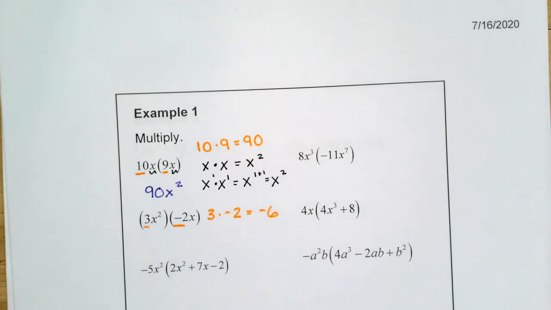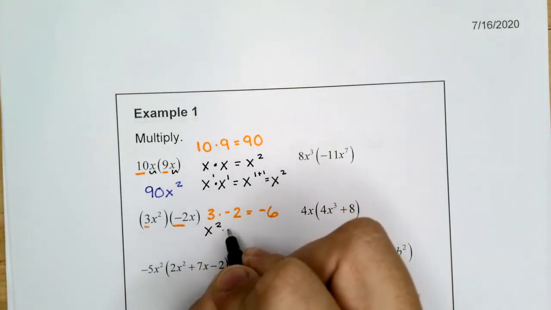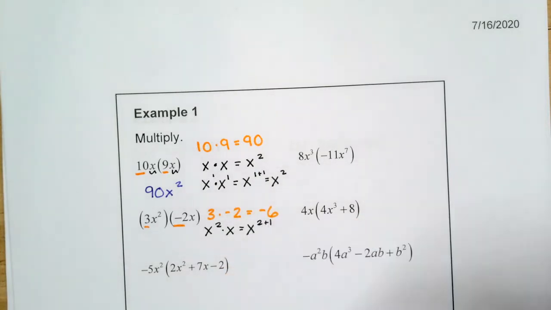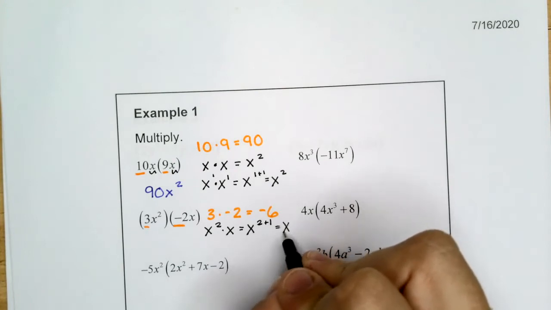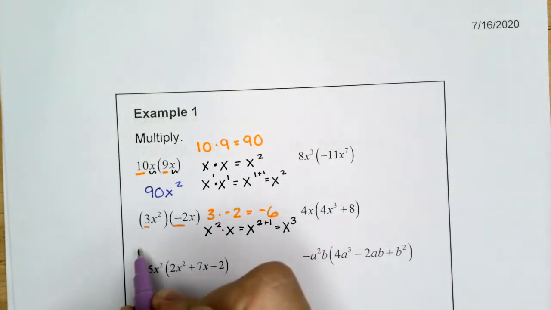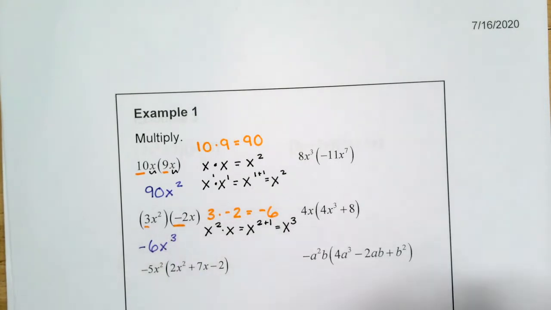And then we have x squared times x, which becomes x to the 2 plus 1, which becomes x to the third. So our final answer here is -6x to the third.